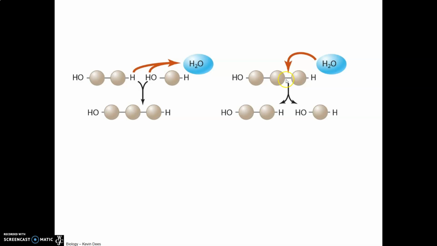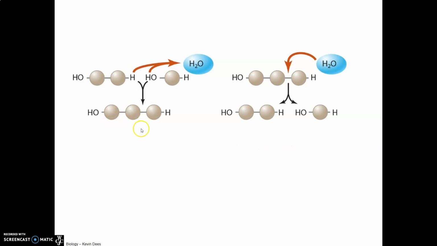By using the water to split and break apart this covalent bond, the water molecule is broken apart and the hydroxide is added here and the hydrogen is added here. Now remember, these reactions, though the reverse of one another, each require specialized enzymes in order for the reactions to occur. And as we'll see when we start talking about each of the four groups, the processes of building and breaking these polymers down is going to be the same.